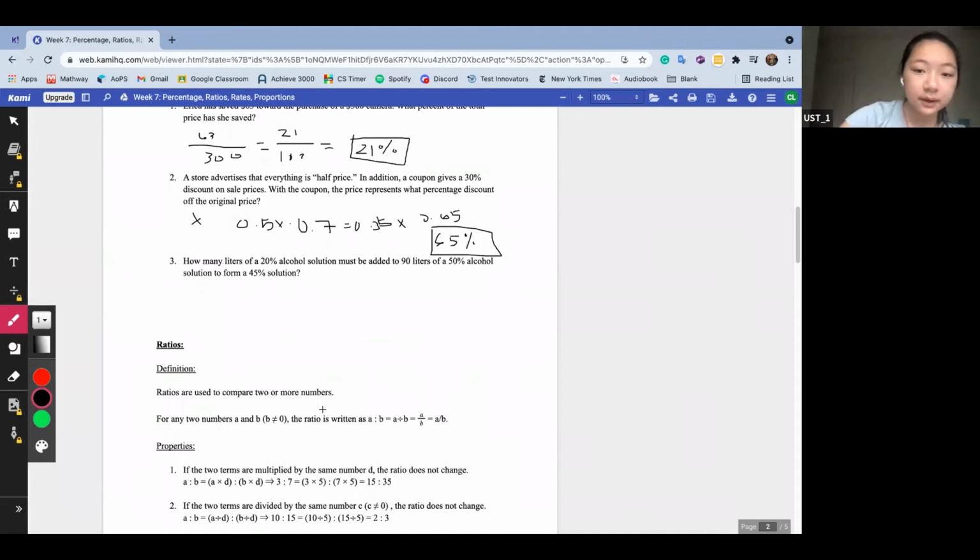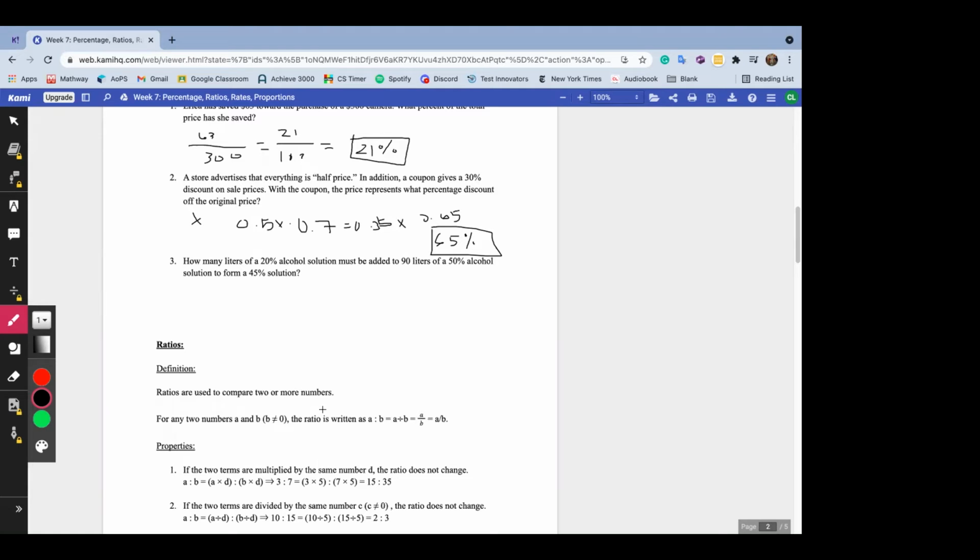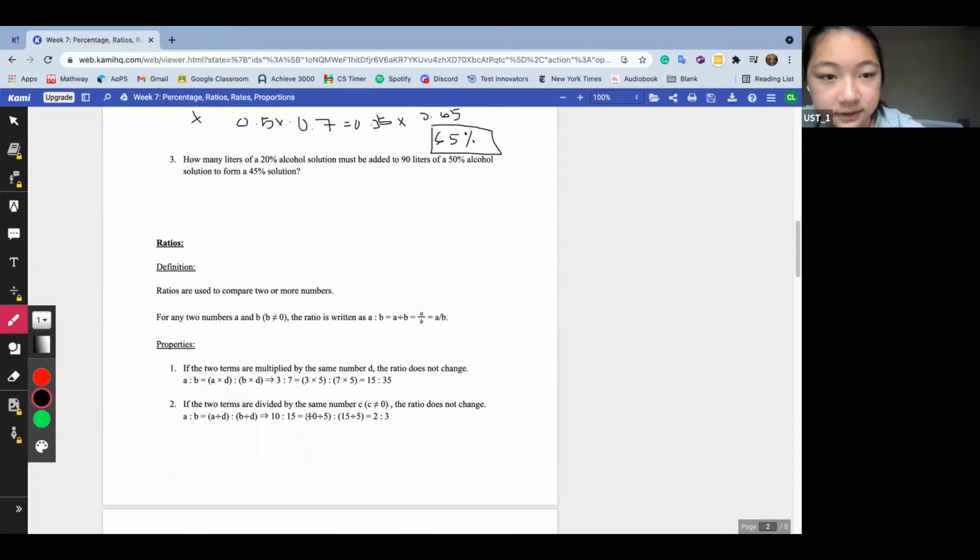Because the sale price is going to be 35% of the original price. Oh, and it's asking for the discount. I get it. Okay, so last question here.